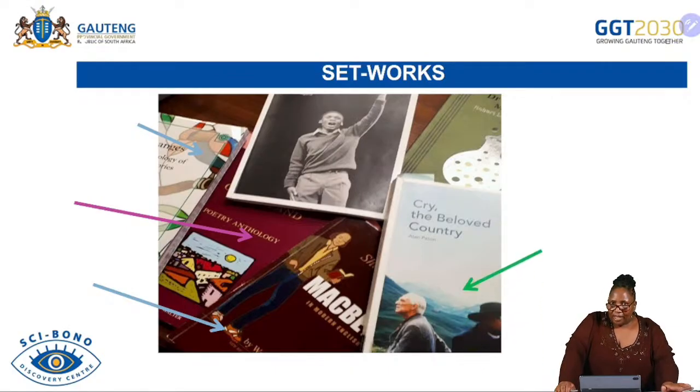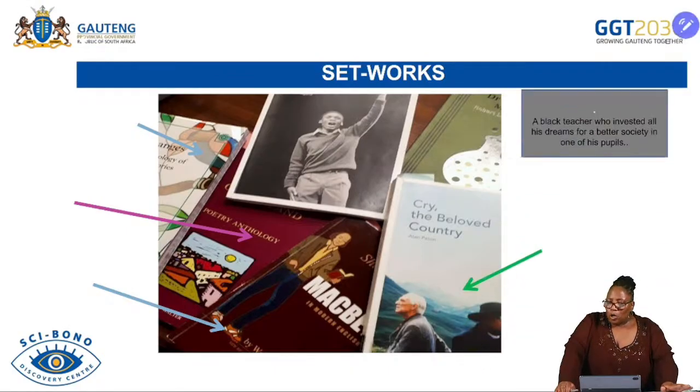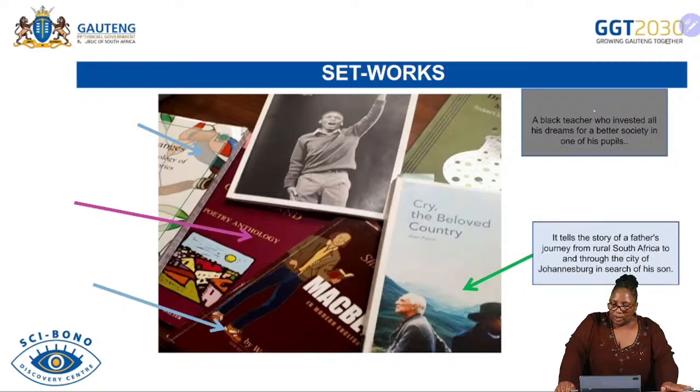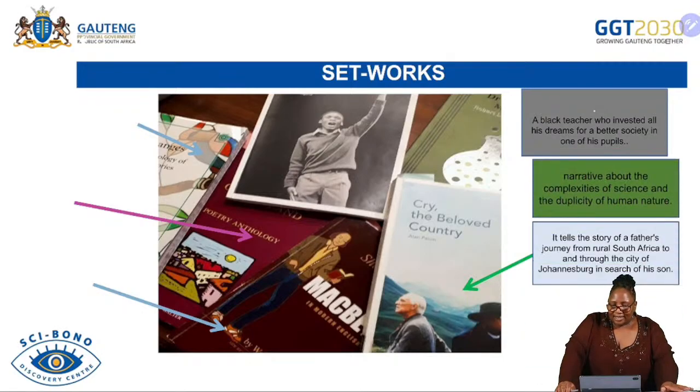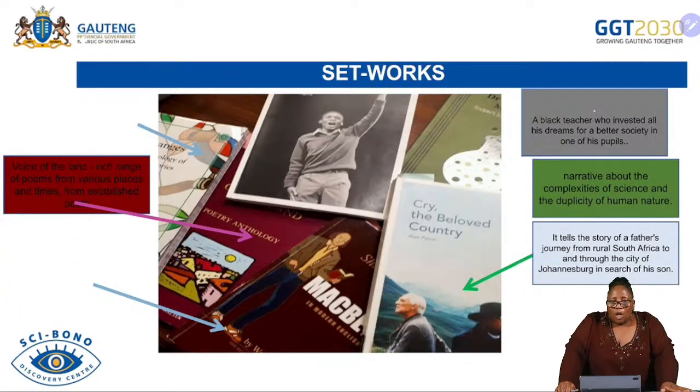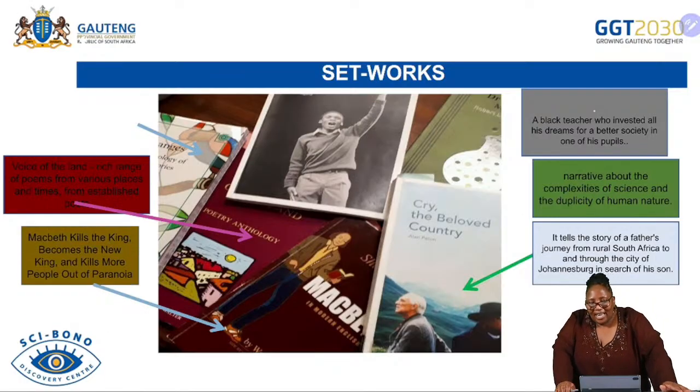We have the following set works in 2022 that we have to study. We have Cry, the Beloved Country, that tells us the story of a father from rural South Africa to and through the city of Johannesburg in search of his son.